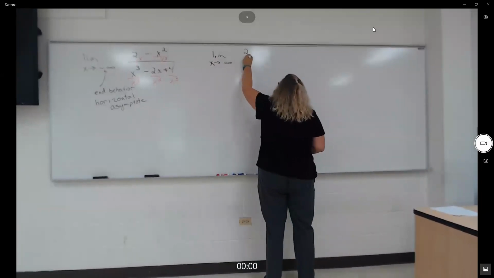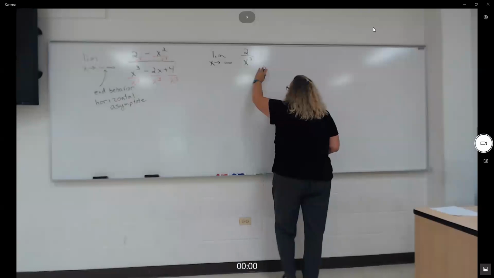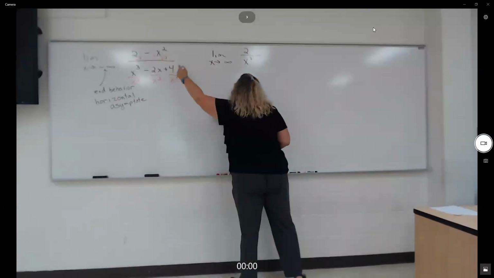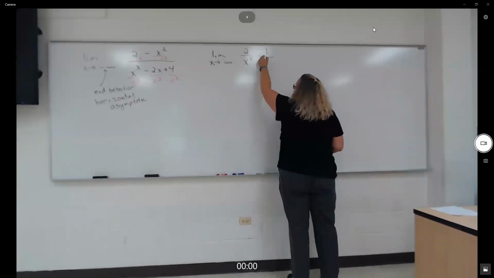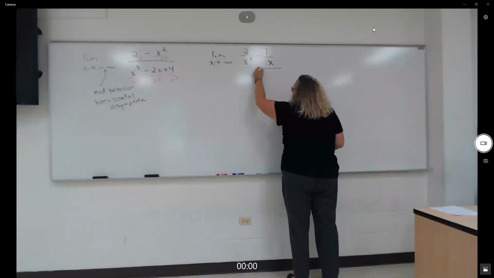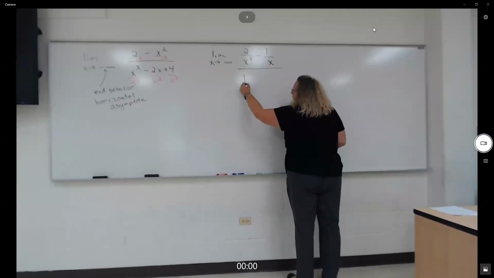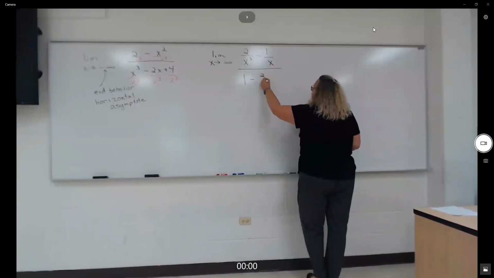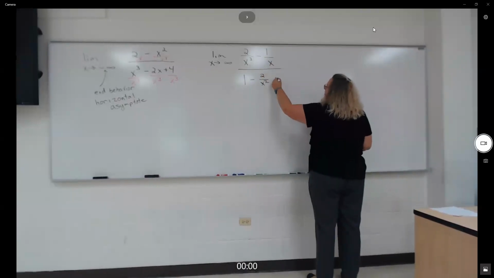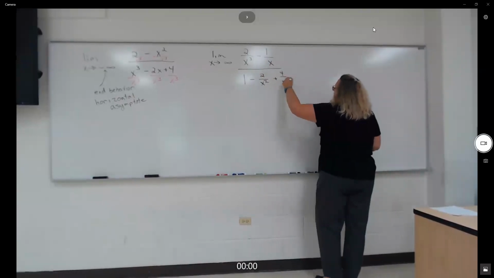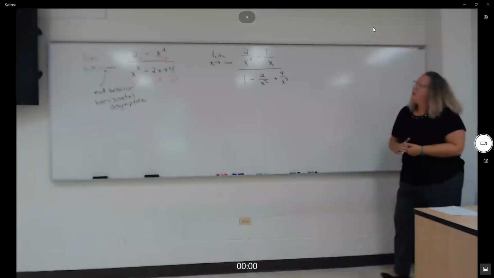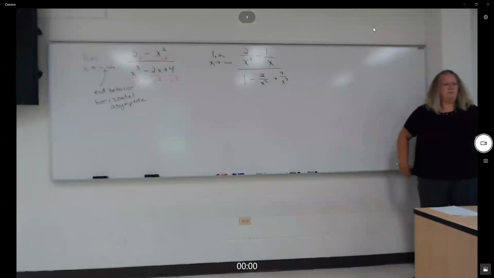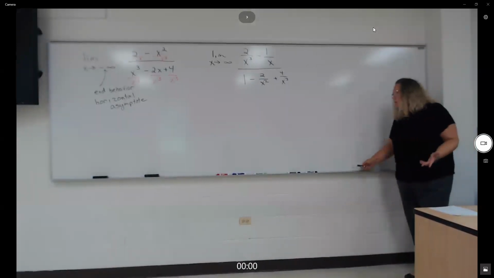It's going to be 2 over x to the third. Nothing cancels. Minus here an x squared would cancel, so I have 1 over x. And then on the bottom I have 1 minus 2 over x squared plus 4 over x. You officially made it messier. But believe it or not, that's okay.